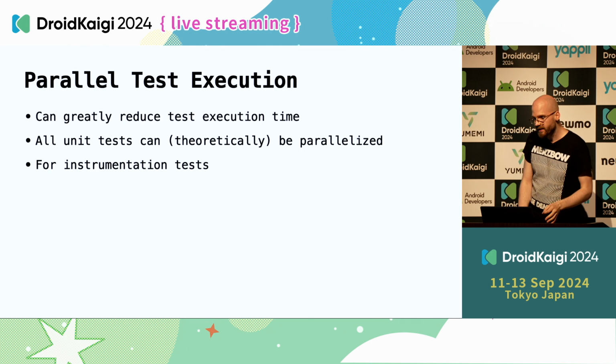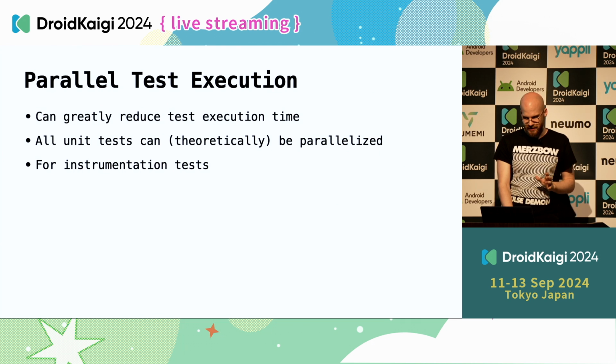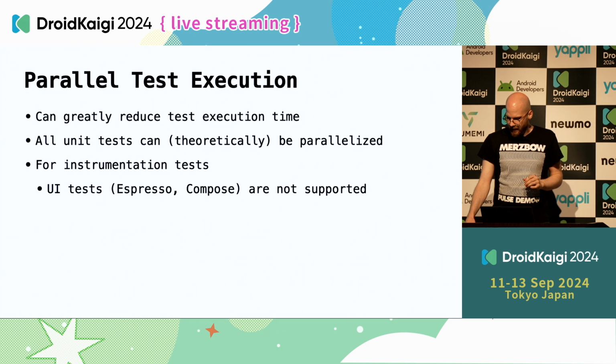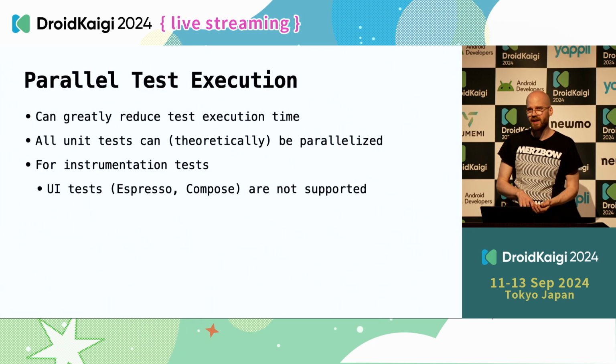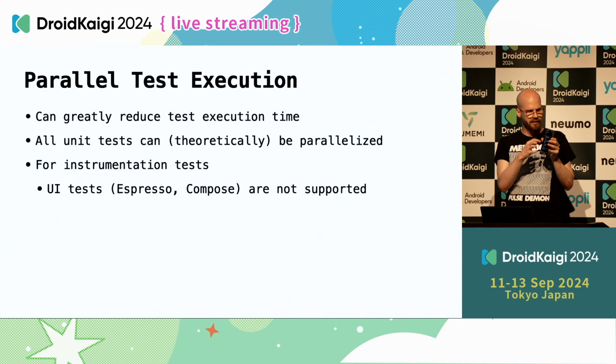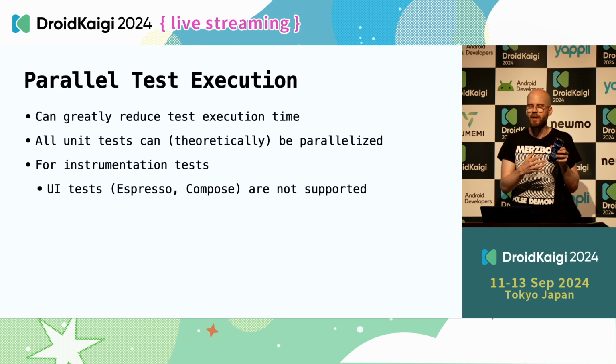For instrumentation tests, it's a bit of a different story, unfortunately. If you have UI instrumentation tests, you cannot parallelize them, unfortunately. And that's because of the way the Android instrumentation works. You know how when you run an instrumentation test, the thing instruments the screen for you, it scrolls, it clicks on stuff, you know? But the thing is, only one test has the attention of the screen at any time.